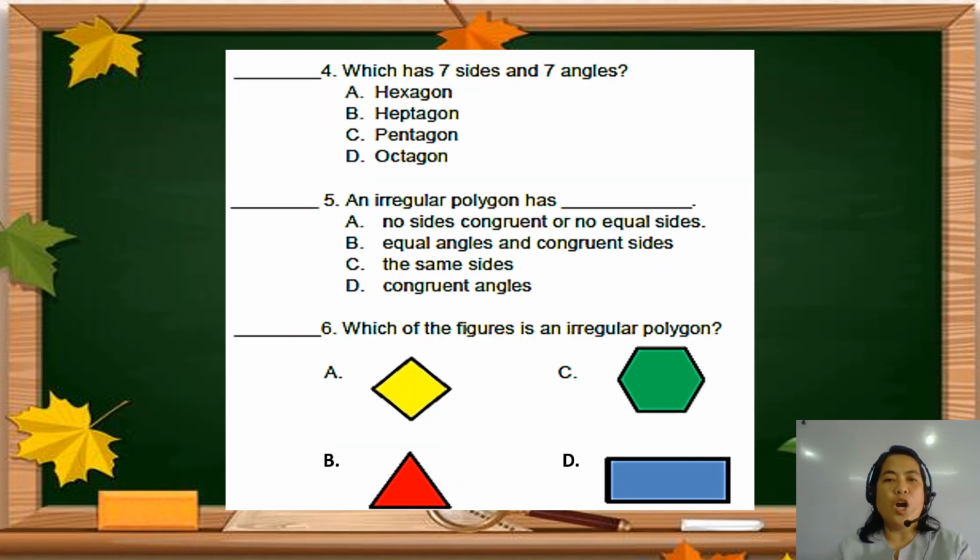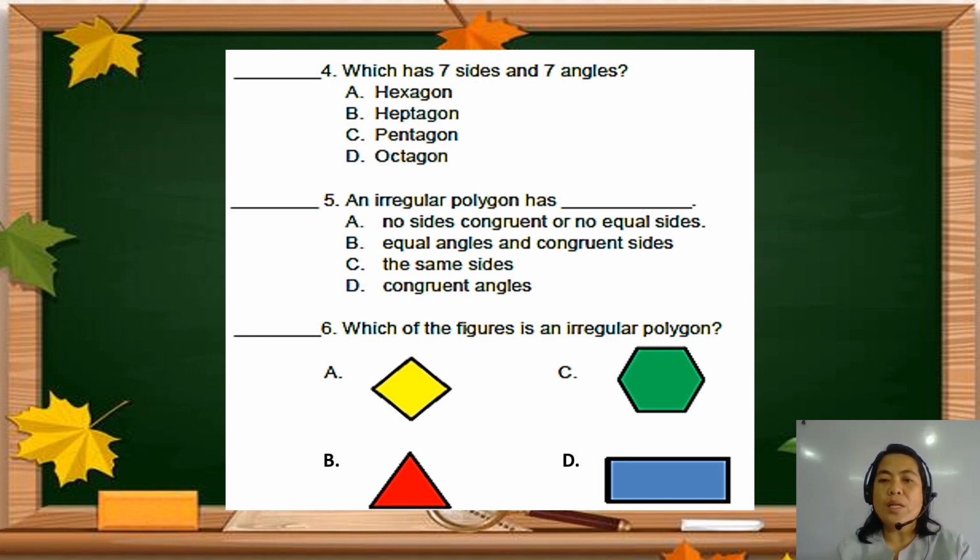Number 4. Which has 7 sides and 7 angles? A. Hexagon, B. Heptagon, C. Pentagon, D. Octagon. Now choose the letter, then write it on the blank. For number 5, an irregular polygon has blank. A. No sides congruent or no equal sides.